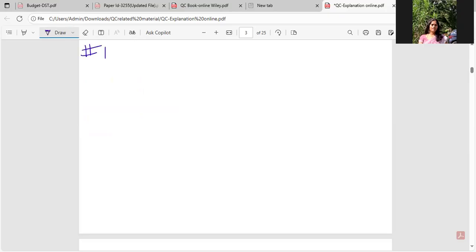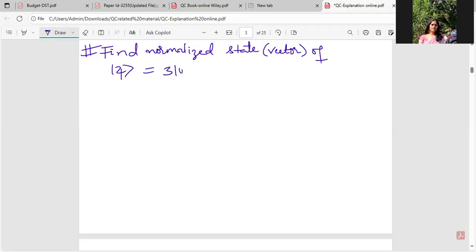Find the normalized vector of ket psi. How is ket psi defined? It is 3 ket 0 minus 2i ket 1.